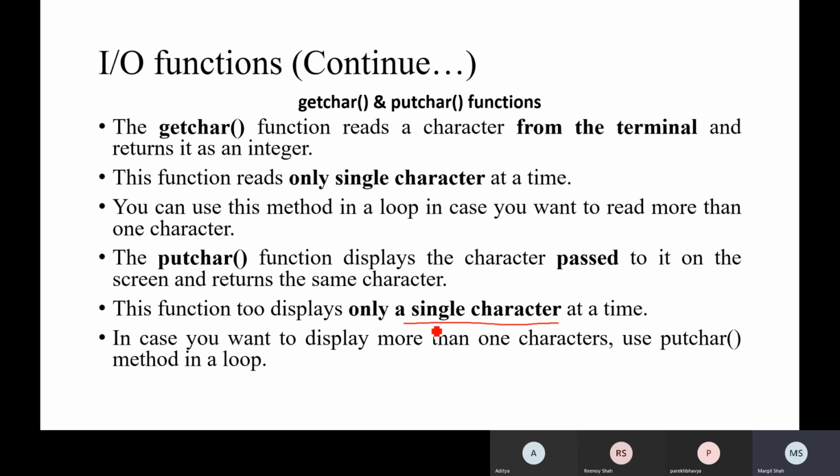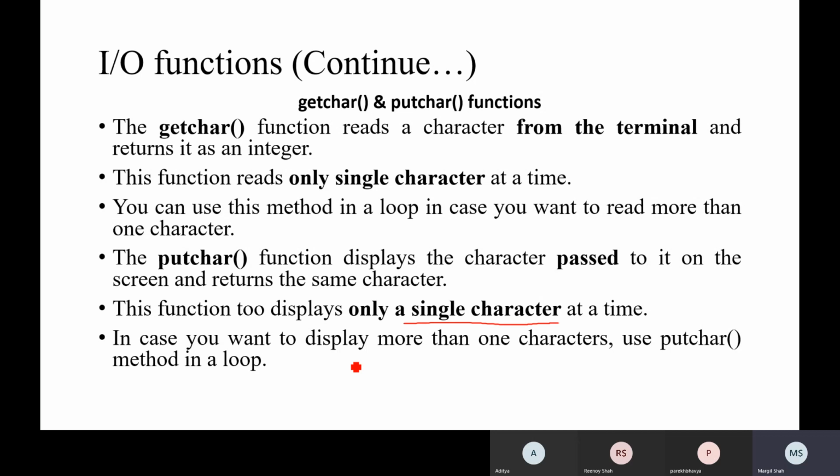Suppose we are very sure about input and output, like only one character should be displayed or we want to scan only one character, then we might use getchar or putchar as a function. In case you want to display more than one character, use the putchar method in a loop.